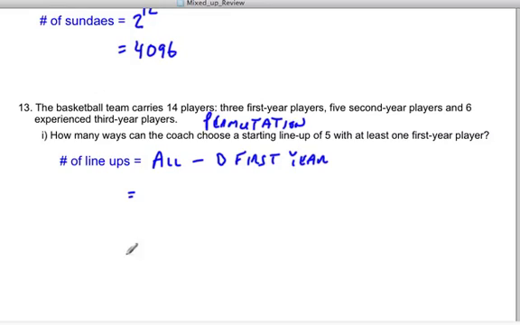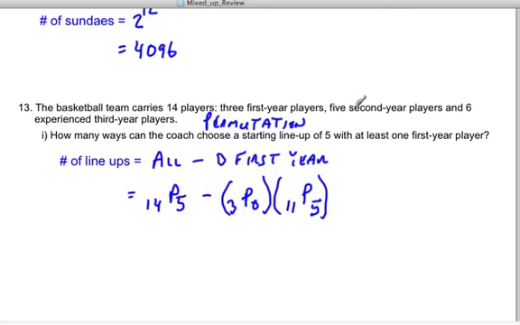So if you use permutations, then it's going to be the permutation of 14 choose 5 minus the number of ways we could choose 0 first year, which will be the permutation of 3 choose 0, so we're not choosing any of the first year players, times the number of ways that we could pick 5 starters out of the 11 second and third year players.